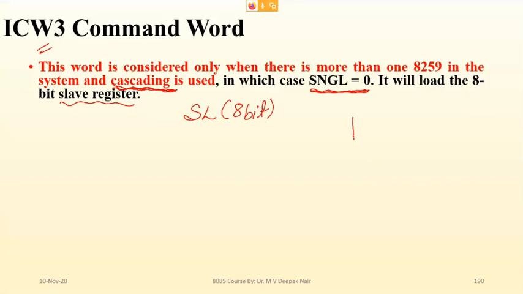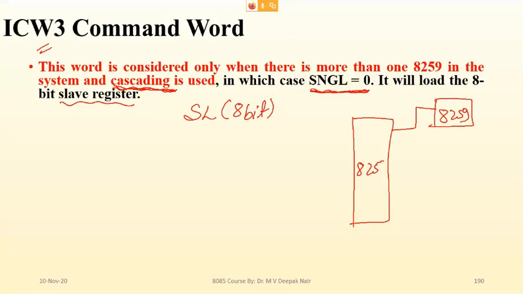Something like this, where you have an 8259 master and you are connecting only one 8259 slave, and the rest of the interrupt lines are connected directly to peripherals, or maybe you can even leave them vacant. So it is also possible.